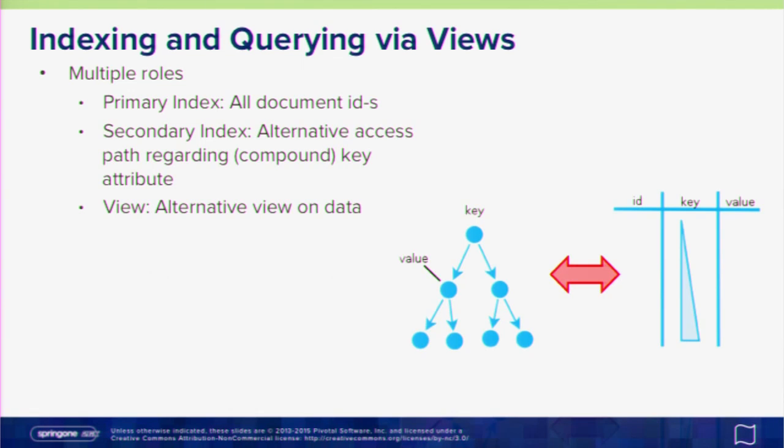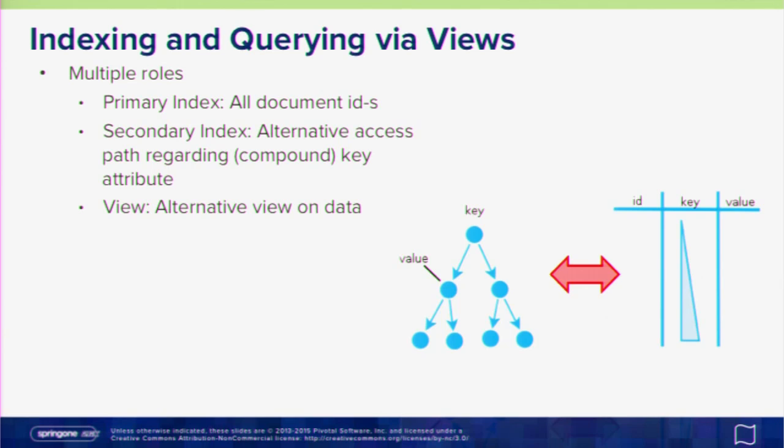So views outside of the Spring Data space, what are they used for? Primary index, as I said. If you want to get a list of all your data from the key value store, either you know all the keys or you need a way to get the list, so that's what it's used for, just the primary indexing.